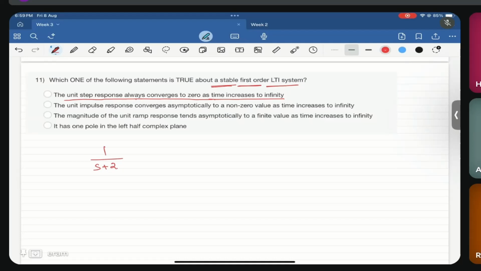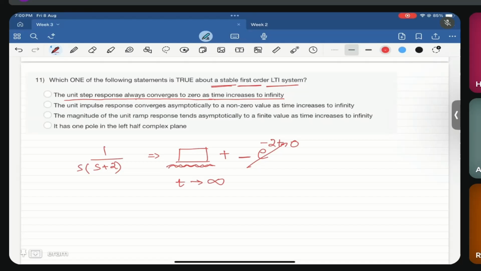Now we are given the step input. So what will be the response of the system? There will be one constant term and then some coefficient times e to the power minus 2t. Now as t goes to infinity, this term will go to 0, but there will be some value left here. The statement 1 is saying the unit step response always converges to 0 as time increases to infinity.